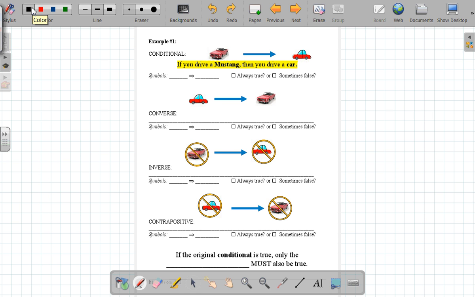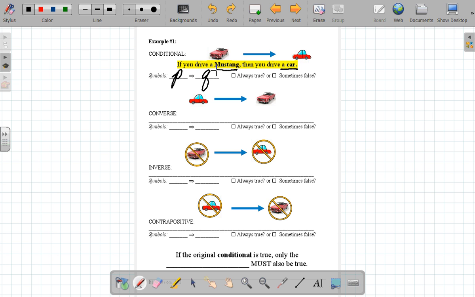Okay, now we're going to analyze what's called the truth value. Now check the box. Is it always true?